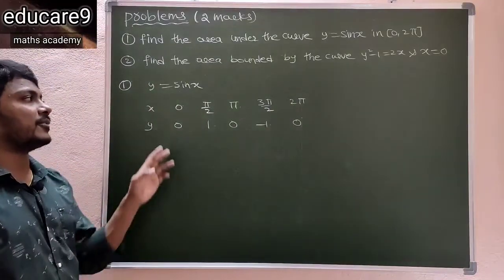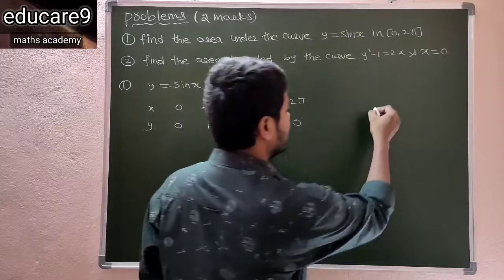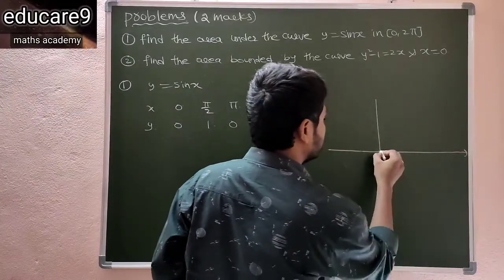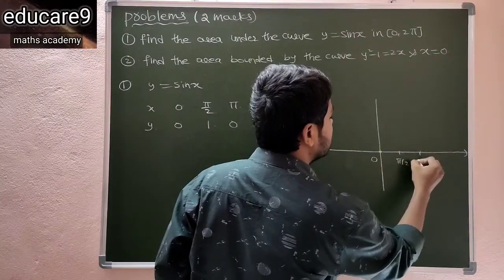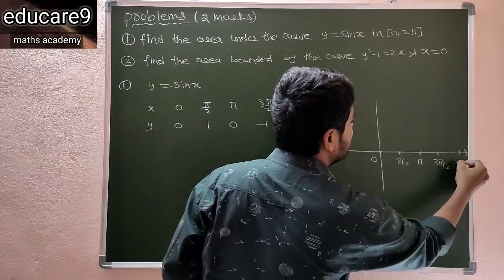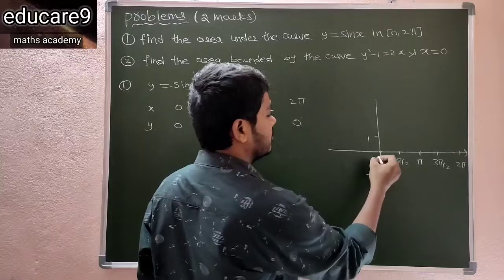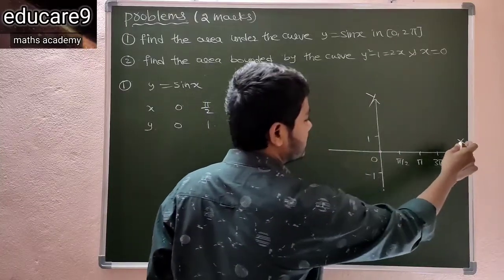Now draw the graph of sin x between the interval 0 to 2 pi. So consider the coordinate axis. This is 0 and this is pi by 2. This is pi and this is 3 pi by 2. So this is 2 pi. So this is 1, here minus 1. Y axis, x axis.